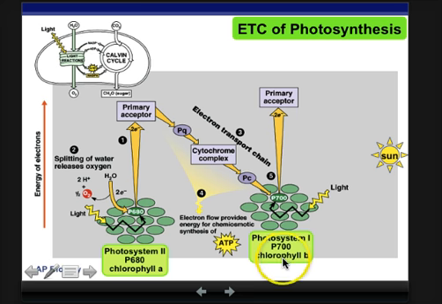So similarly, we have a bunch of pigments in here with little antennae. All right, we need a second photon, a shot of light, to excite another electron back to a high energy state. So the second electron transfer chain drives the reduction of NADP to NADPH.